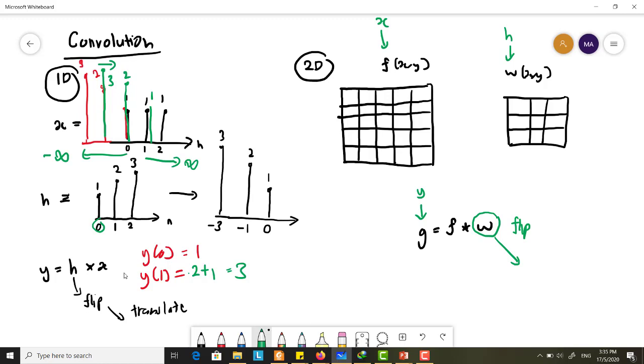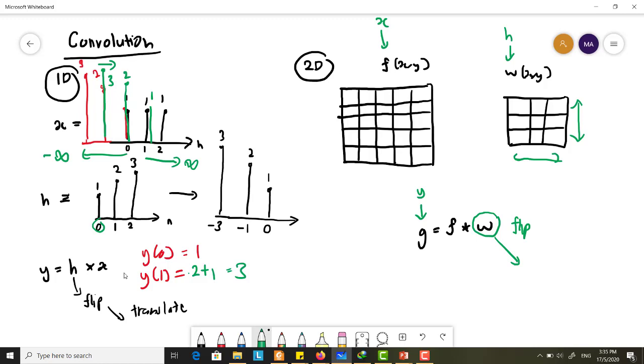But for a two-dimensional signal, the origin has two components. You need to consider the x-axis, which is represented by this one, and the y-axis, which is represented by this one. So in a two-dimensional signal, in order for you to flip this filter, you must flip 2 times.